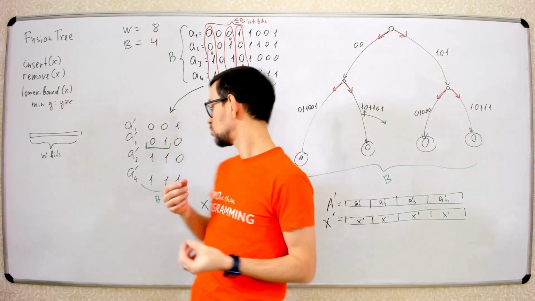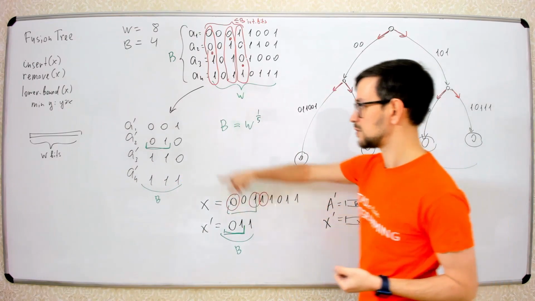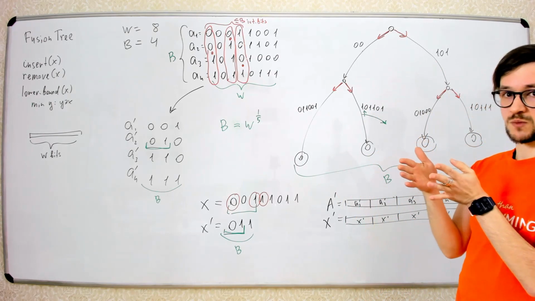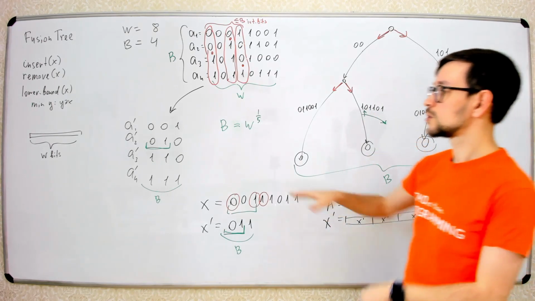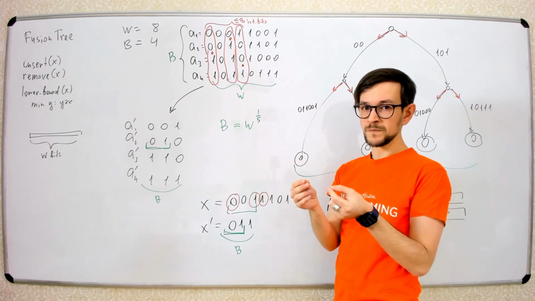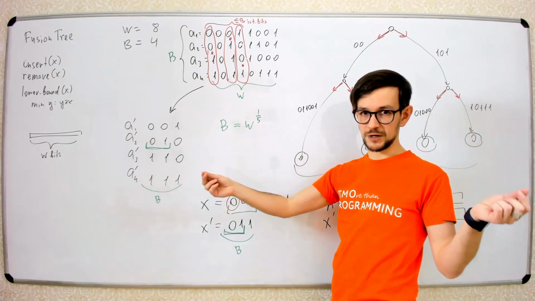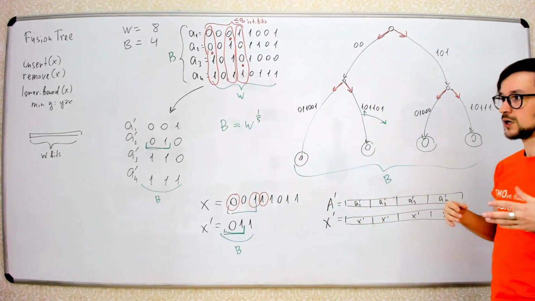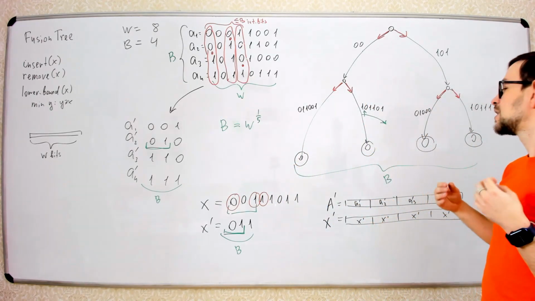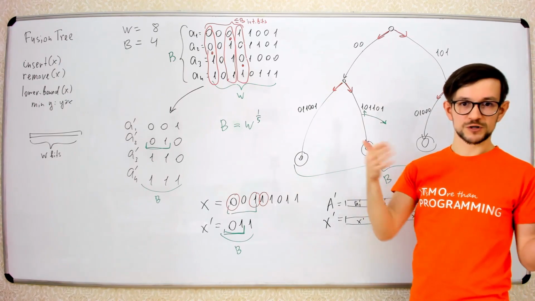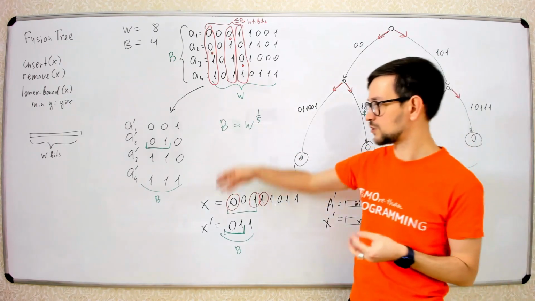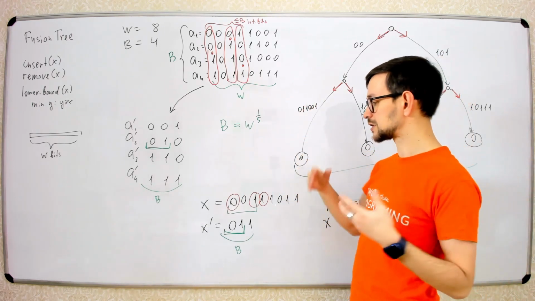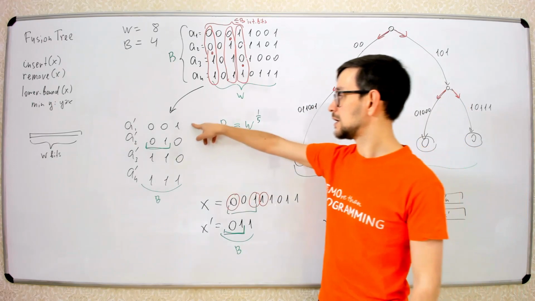And you will find the lower bound of this x prime inside this small array. Since the size of all these integers is small and the number of integers is small, you can fit all these small integers into one big integer. Then using all these operations, you can calculate operations on big integers in constant time. So in constant time, you can find the lower bound of this x prime inside this set.